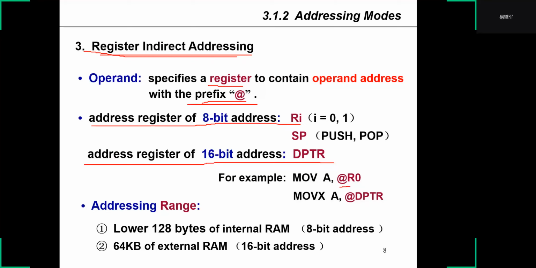We take the value in R0 as an address, read the data at that address, then move it to A. This is the meaning of MOV A, @R0.